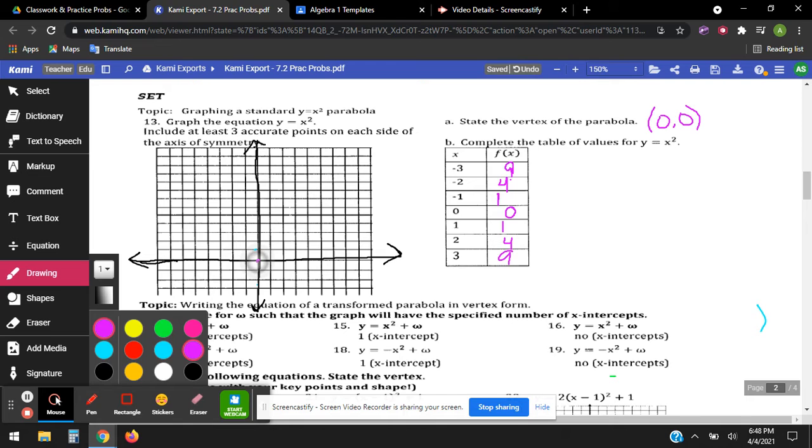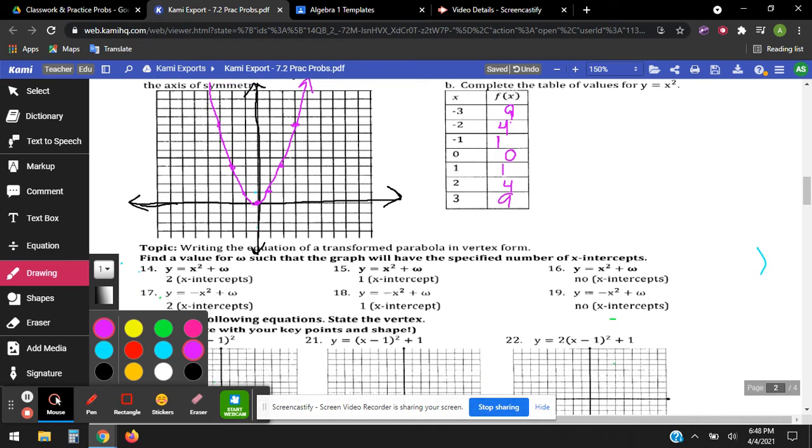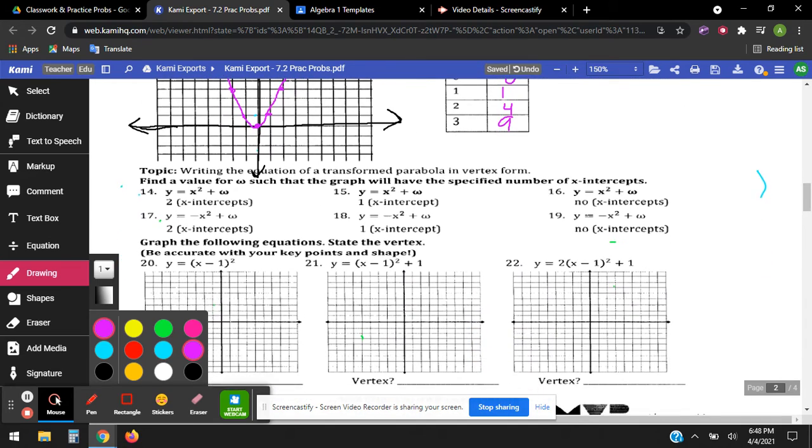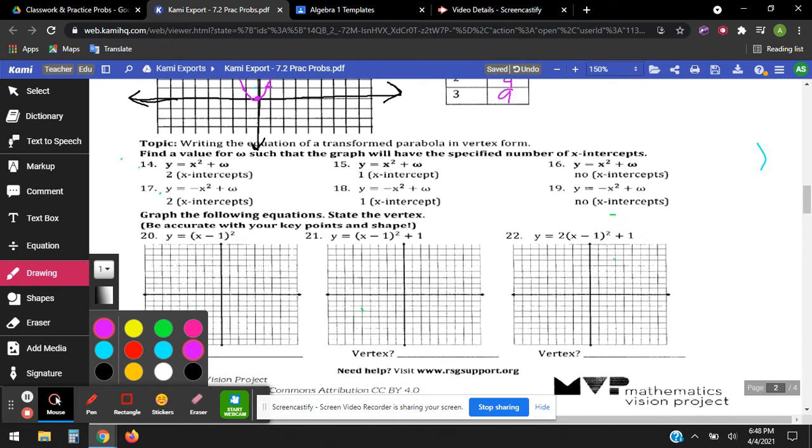So we've got 0, 0, 1, and negative 1 are 1. 2 is 4, so it's negative 2. 3 is 9, so 4, 5, 6, 7, 8, 9. Okay, graphing my parabola there. Now we're going to write the transformation in vertex form.